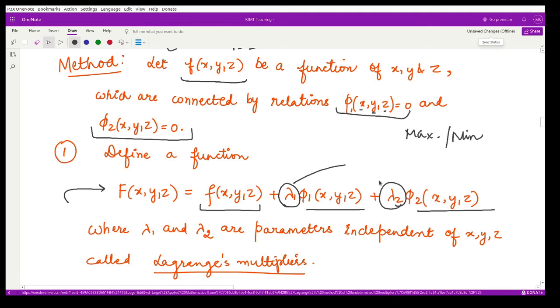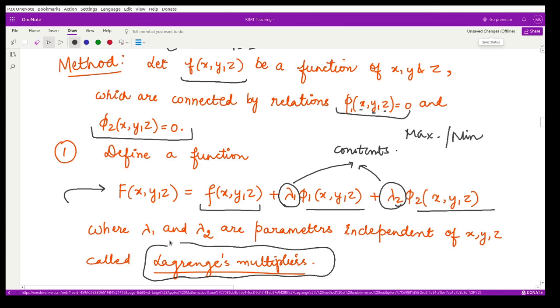Now what are these lambda 1 and lambda 2? They are the multipliers and they are basically constant quantities, known as Lagrange's multipliers. And these lambda 1 and lambda 2 are independent of x, y and z. So here in this case we will have 5 unknowns and 5 equations.